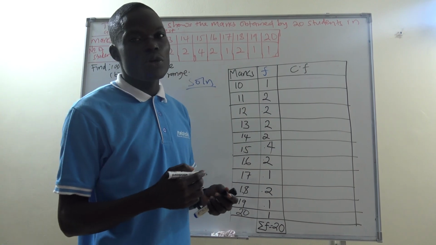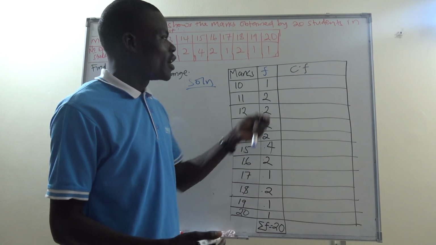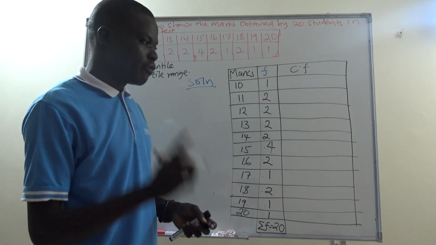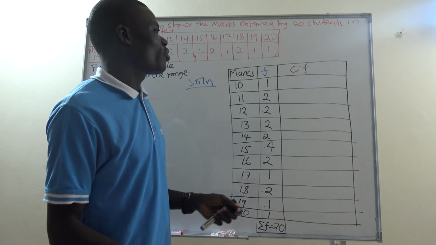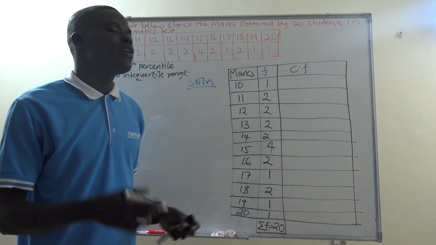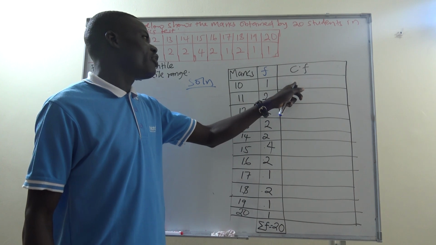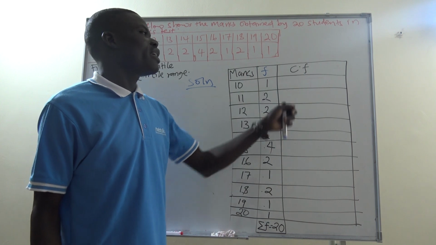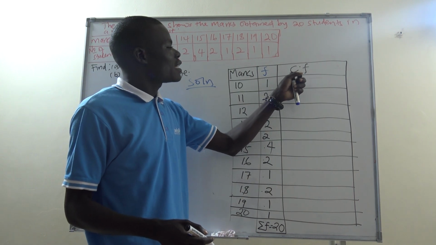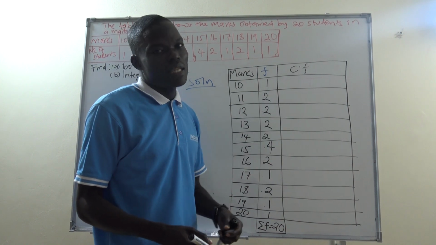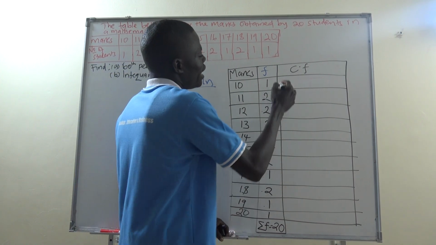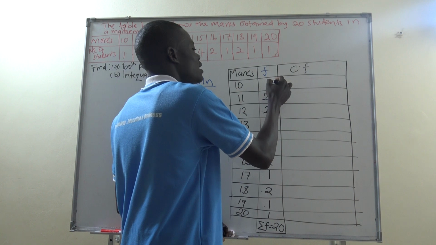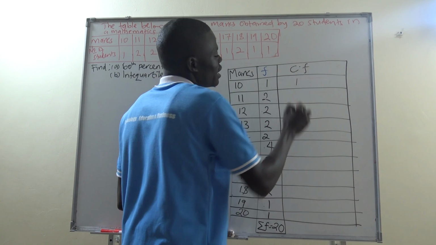There were at least two conditions we set as our class: the first cumulative frequency is always equal to the first frequency of that distribution, and the second cumulative frequency is always equal to the first cumulative frequency plus the next frequency. So we start by saying that our first cumulative frequency is always the first frequency.